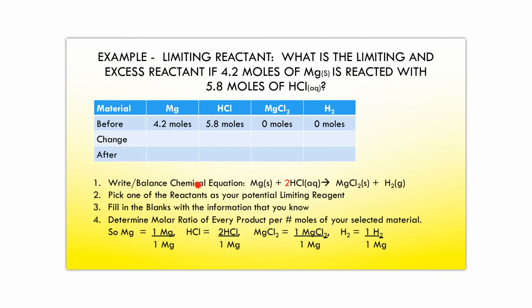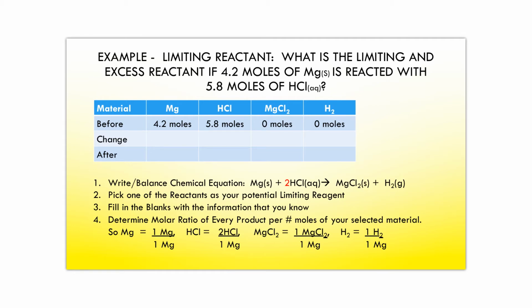And I've written one right down here, right? So you may have to write one, hopefully not, but if you don't have to write one, make sure it's at least balanced. And then I balanced it, so it says that 1 mole of magnesium solid reacts with 2 moles of hydrochloric acid to give me 1 mole of magnesium chloride solid and 1 mole of hydrogen gas, okay?